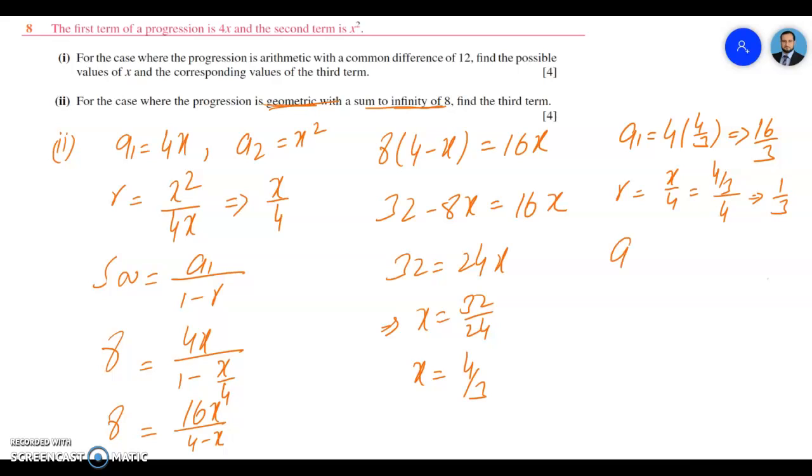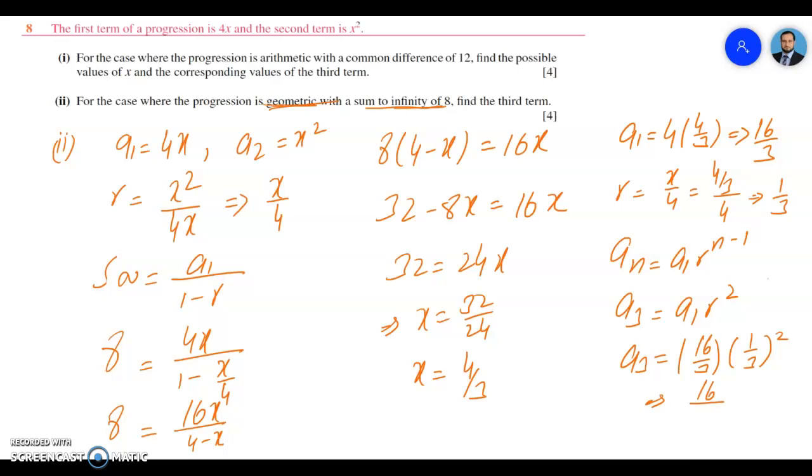Again, we have to find the third term, so an is equal to a1 r to the power n minus 1, so a3 will be equal to a1 r to the power 2. Since a1 is 16 by 3 and r is 1 by 3 squared, this will be 16 over 3 squared is 9, and 9 times 3 is 27. So here we found the third term.